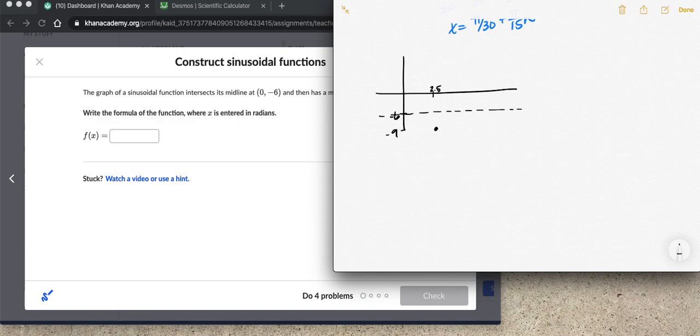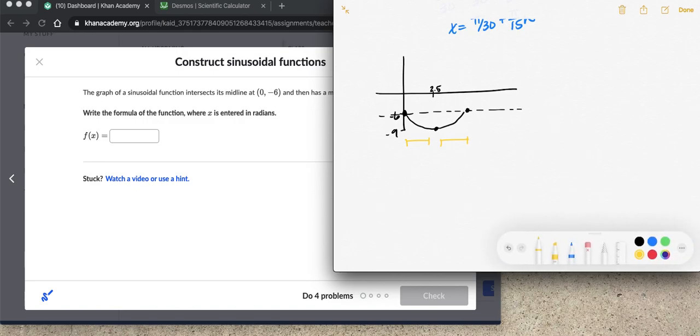So I don't know where the maximum point is, but I think we can figure it out. If I were to fill this in, that's the only piece I know. But I know if this right here is a distance of 2.5, it's another distance of 2.5 to get back to the midline.